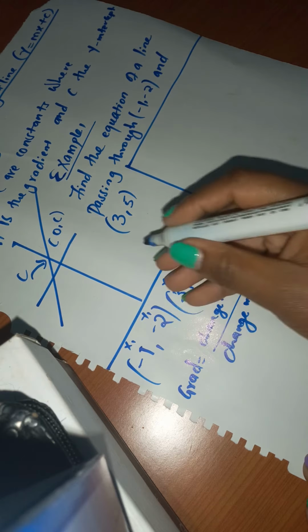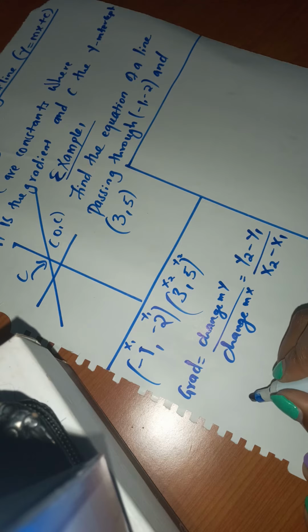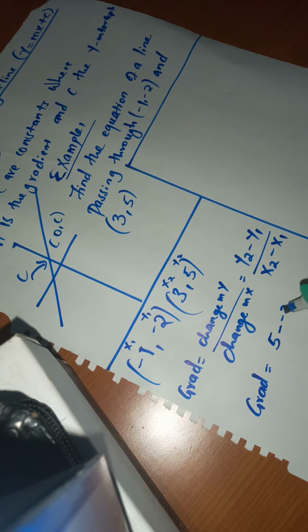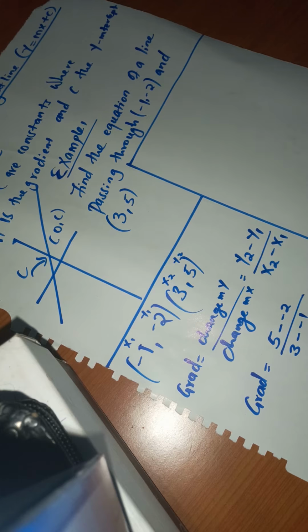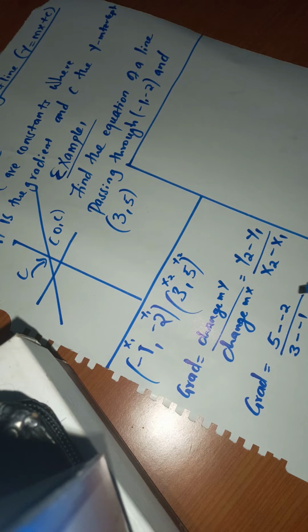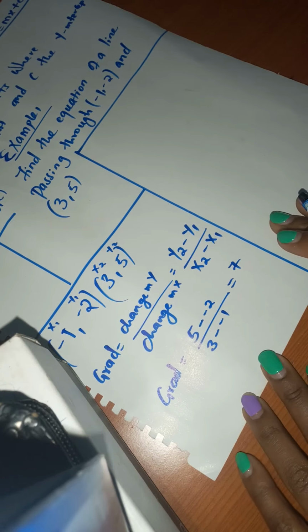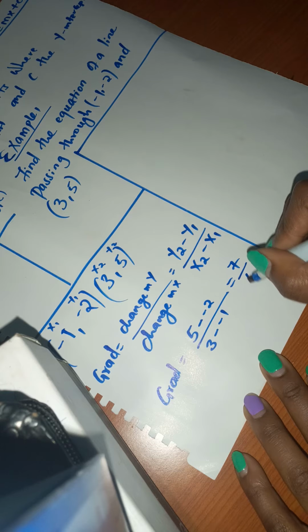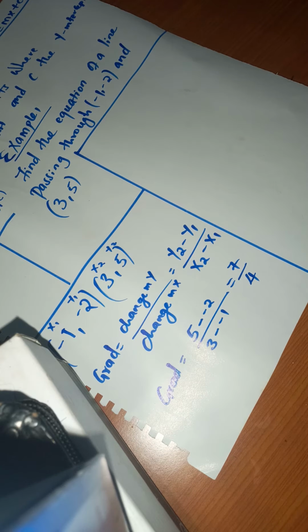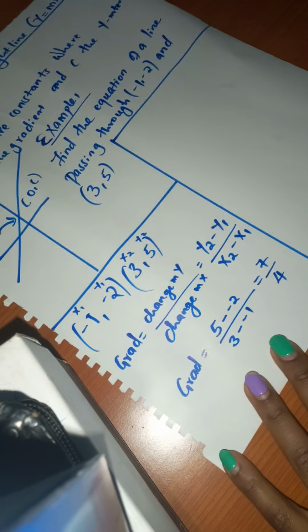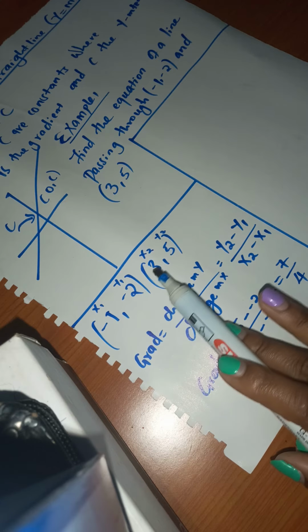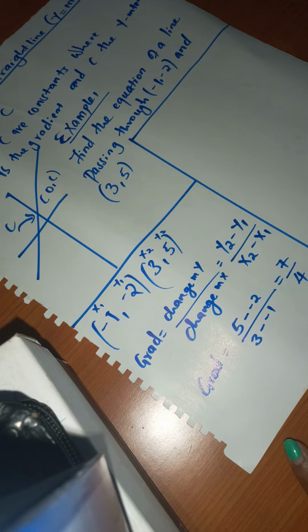In this case our gradient will be 5 minus -2 divided by 3 minus -1. 5 minus -2 gives 7, and 3 minus -1 gives 4, so the gradient is 7/4. I hope we can all see it's something we had done in our second lesson: getting the gradient.